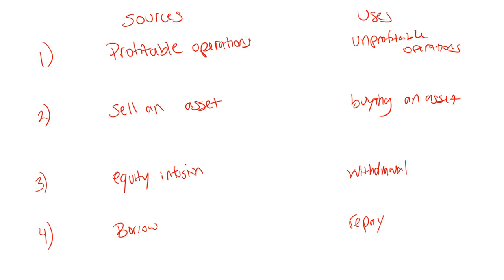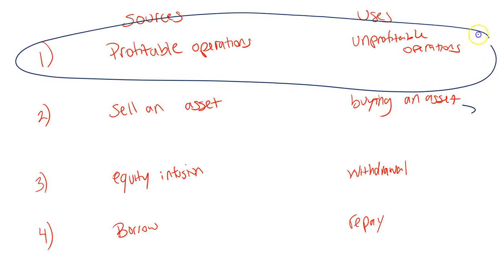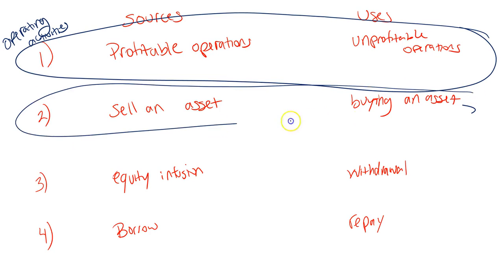So we can break these 4 different activities into 3 groups. Our first group, number 1, are our operating activities. So these are sources and uses of cash that come directly from operations. Our next group is investing activities.